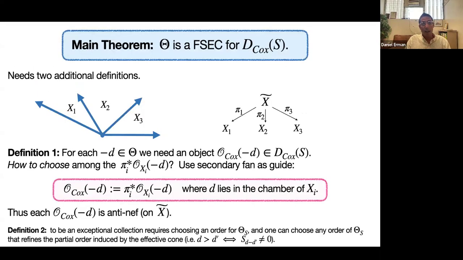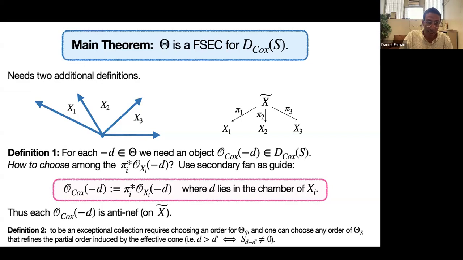All right. Our main theorem, I've hinted at, but let me say it. This collection provides a full, strong, exceptional collection for this category. There's one key definition to make this make sense. We have multiple ξ's, and so if I want to talk about the line bundle associated to a given degree, I have to tell you which ξ I'm going to pull back from to get an object in this Cox category.